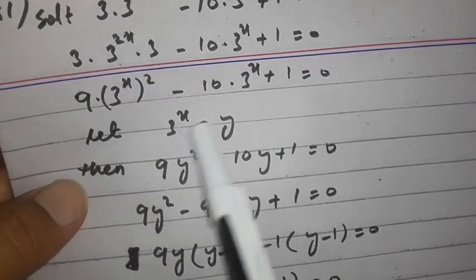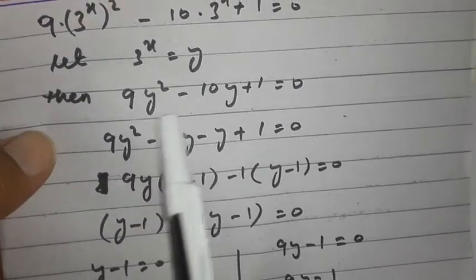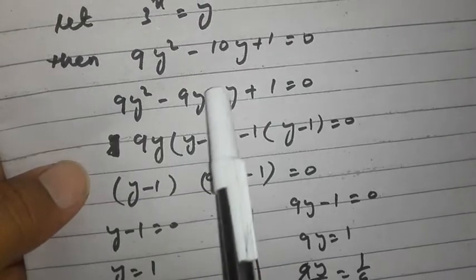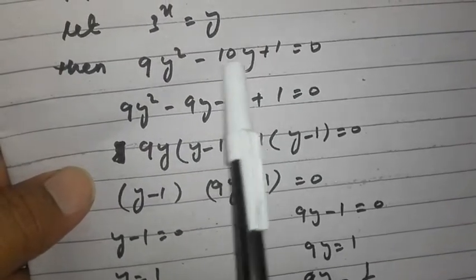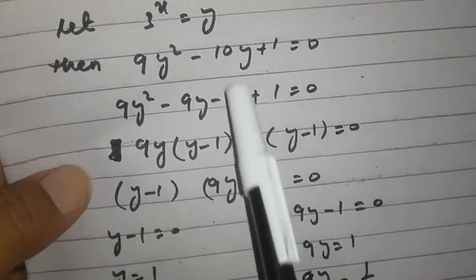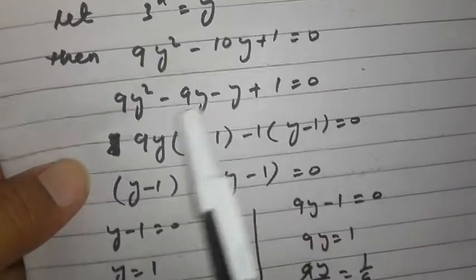Now put 3 power x equals to y, so this equation will become 9y square minus 10y plus 1 equals to 0, and we will factorize it. How? By splitting this term in such two terms that by adding them we get this, and by multiplying them we get the product of these two.